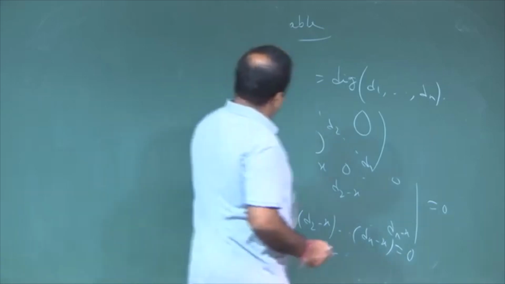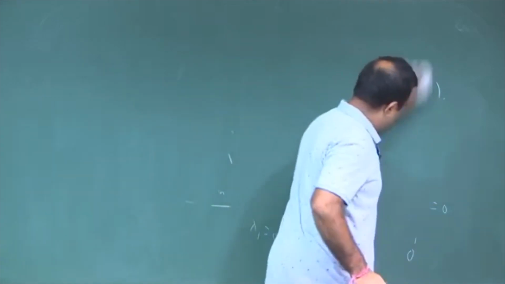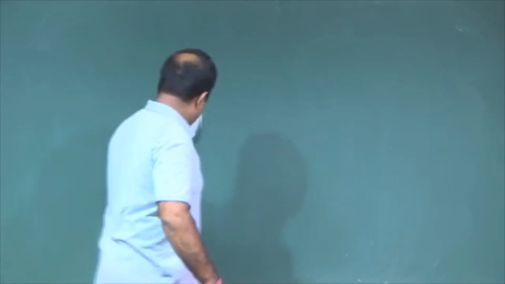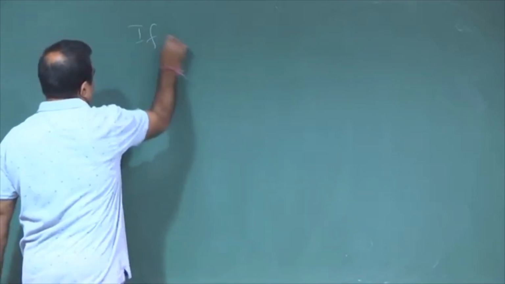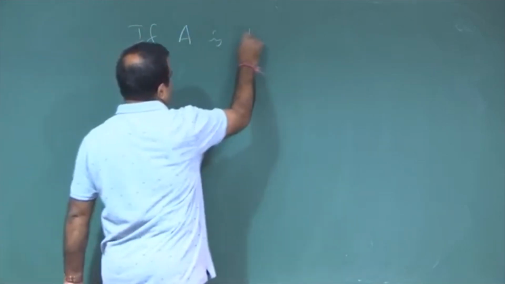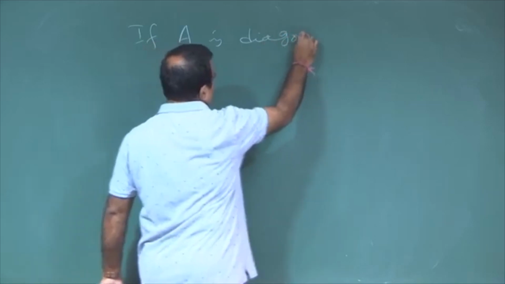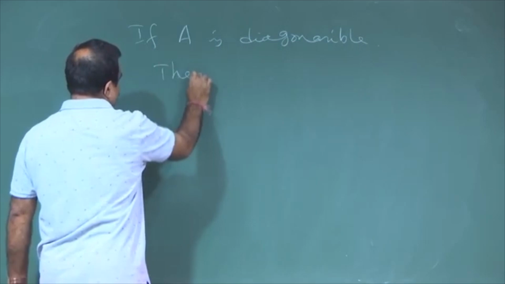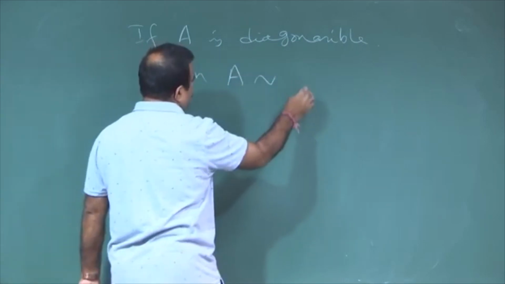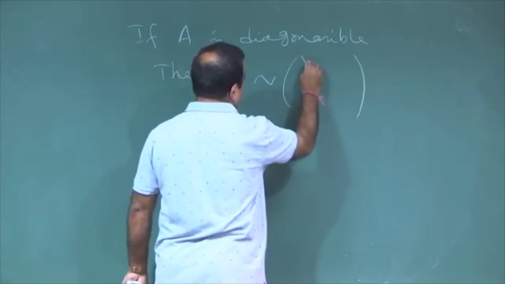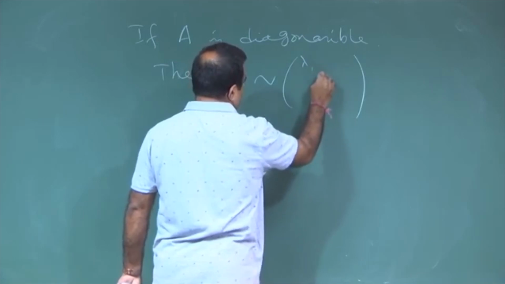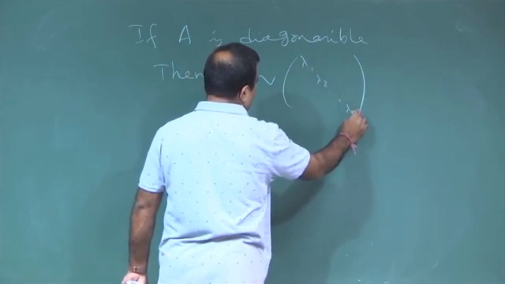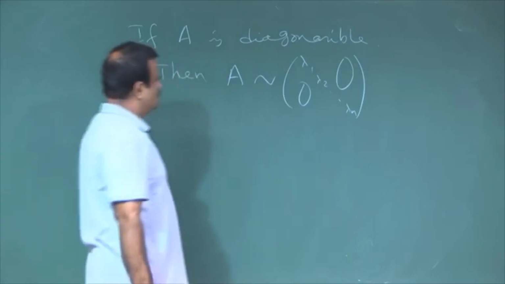So if A is diagonalizable, then A will be similar to the diagonal matrix with lambda 1, lambda 2, lambda n on the diagonal and all other elements 0.